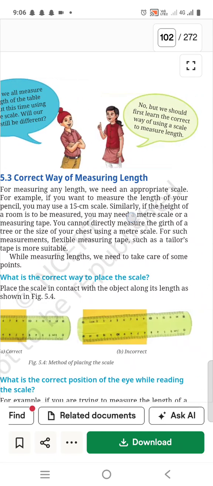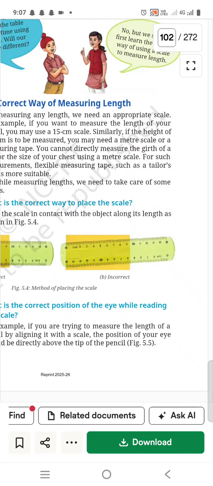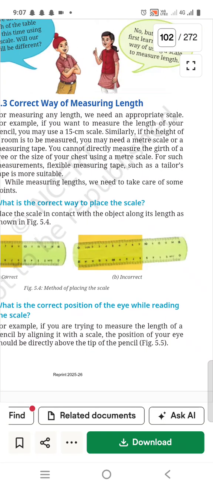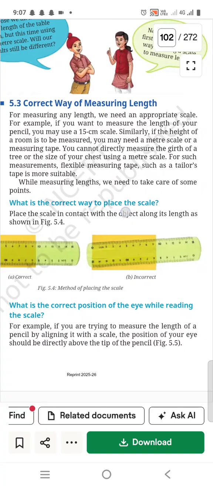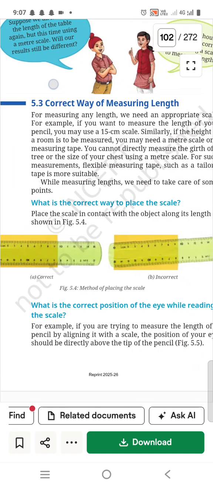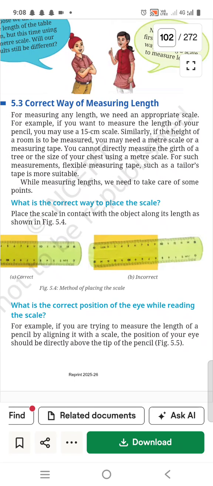For measuring any length, we need an appropriate scale. For example, if you want to measure the length of your pencil, you may use a 15 centimeter scale. Similarly, if the height of a room is to be measured, you may need a meter scale or a measuring tape.